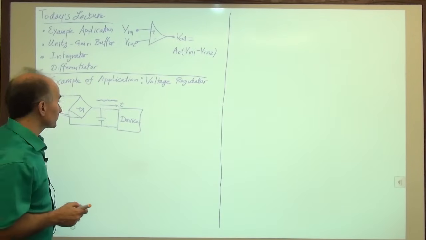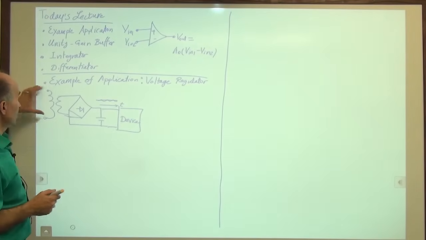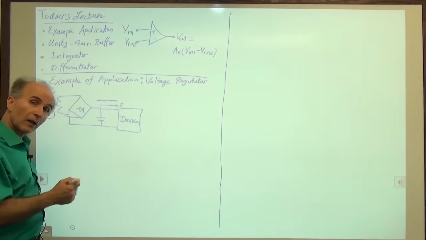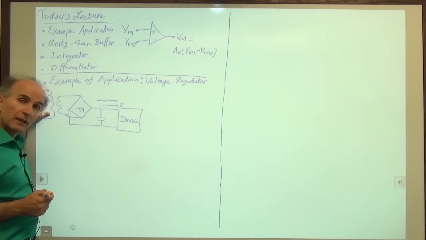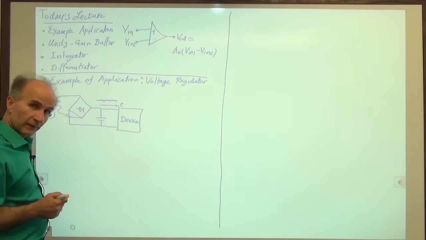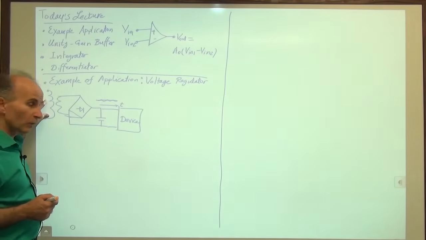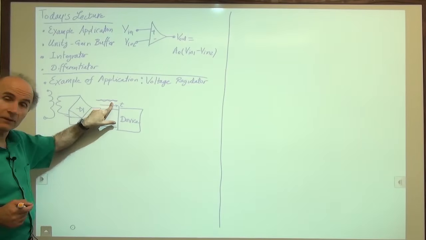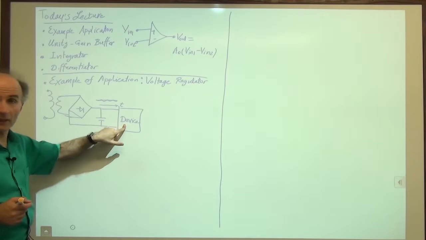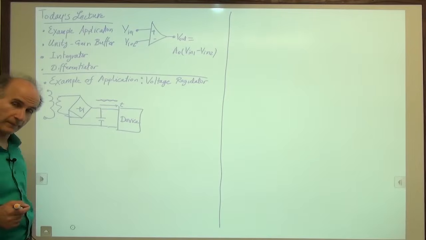All right, now the problem is that this voltage that comes from the line, the mains, is not always constant. It may fluctuate, which means this voltage may fluctuate. And this device doesn't like so much fluctuation in that voltage.